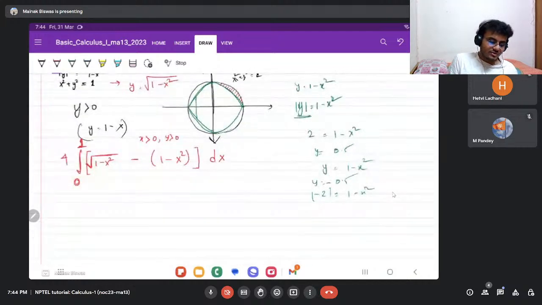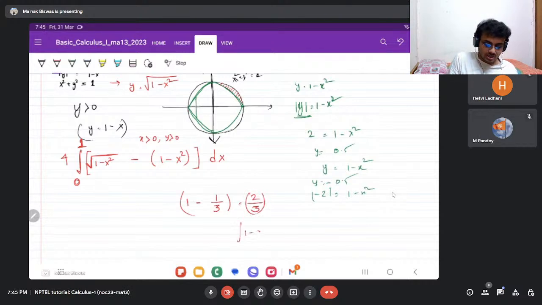The second integral is very easy. The second integral is 1 minus 1 over 3, right? Or not? The integral of 1 minus x square dx is equal to x minus x cube by 3 from 0 to 1.